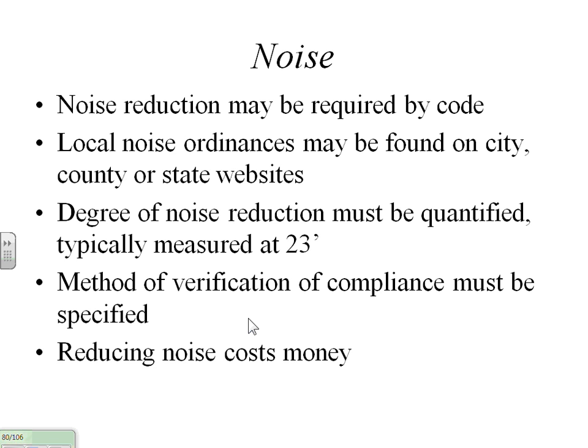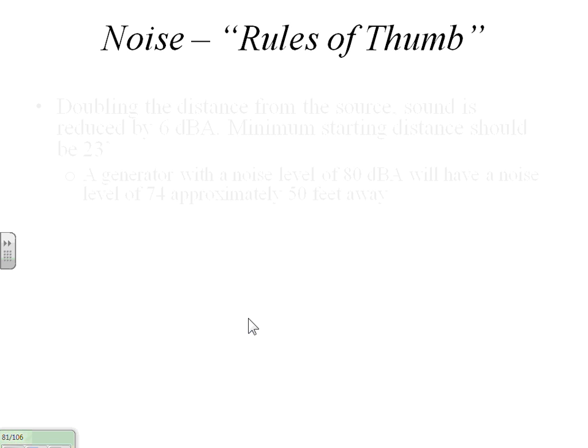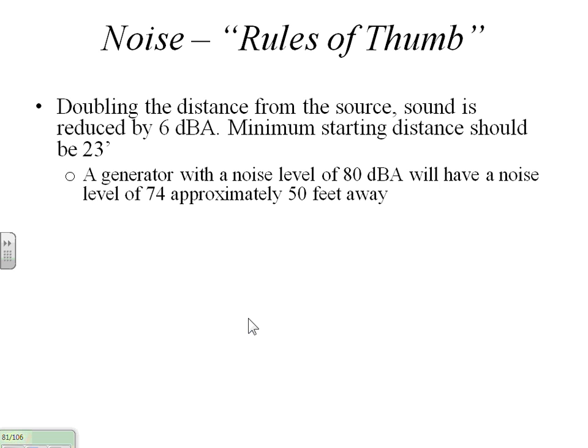And we're going to talk about some rules of thumb. Because we do have 23 feet, that's a figure we can work with. Because if you think about it, if we get too close to the generator set, these rules of thumb wouldn't make sense. But 23 feet we can work with. Doubling the distance from the source, sound is reduced by 6 dBA.